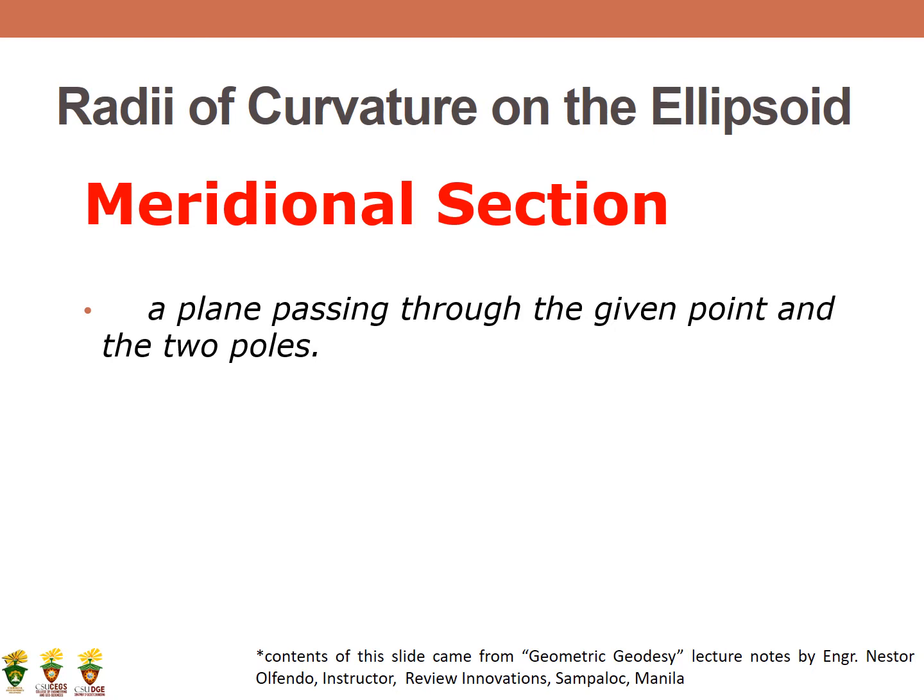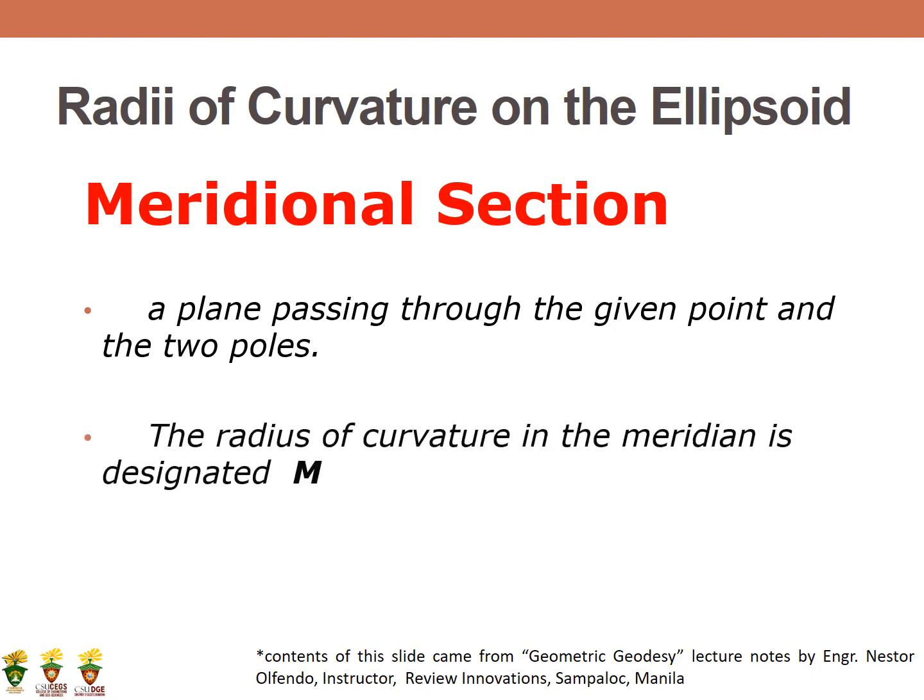If we visualize the earth and slice it, that is the section or the plane that forms. That's the meridional section, and the radius of curvature in the meridian is designated as M.